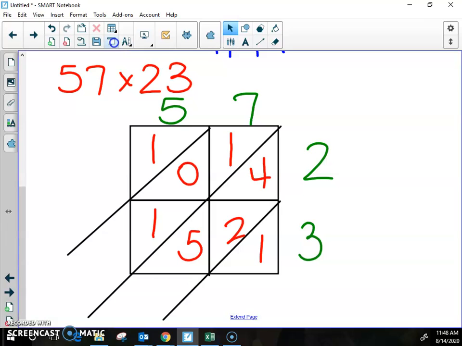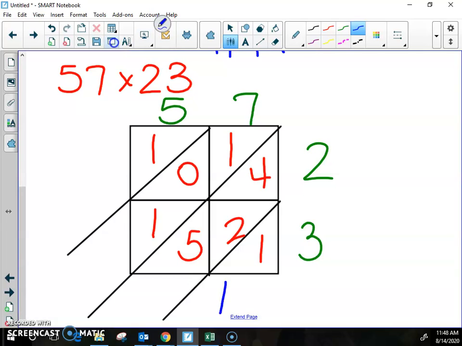Now, what do we add together? The columns. Each diagonal column gets added together. So looking at what we have here, what is the first thing I need to add? 1 plus 0 equals 1.